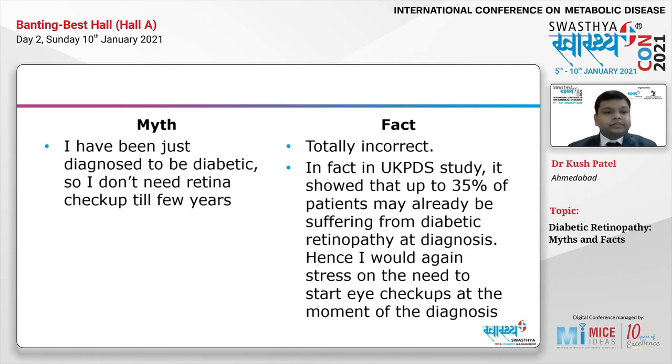Another myth is: I have just been diagnosed with diabetes, so I don't need a retina checkup for a few years, which is totally incorrect. The UKPDS study has shown that 35% of patients already have diabetic retinopathy at the time of diagnosis. Hence, I would again stress that you should have a detailed eye examination at the time of diagnosis and regularly thereafter.